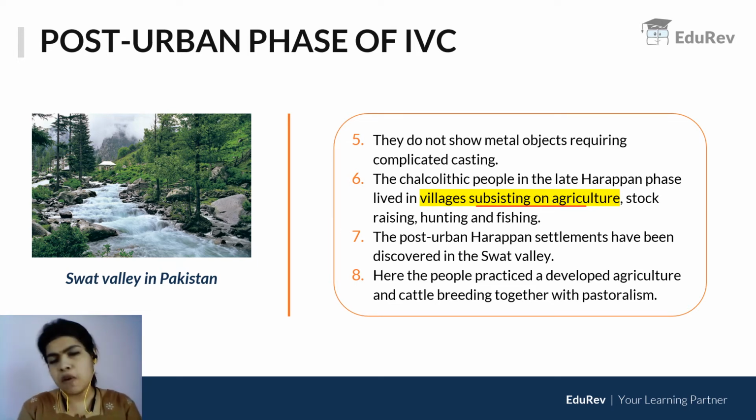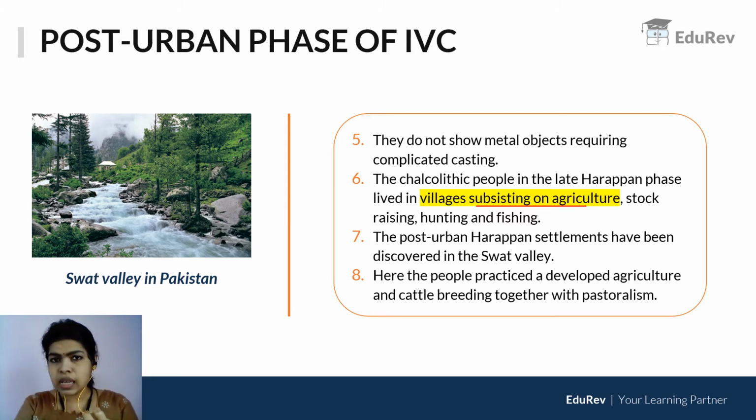Not much trade and commerce practically, that was absent. Post-urban Harappan settlements have been discovered in the Swat Valley, and here you can identify that they practiced a much developed agriculture and cattle breeding together with pastoralism. So these tribes became more and more pastoralist in their approach, which means they go in search of pastures.